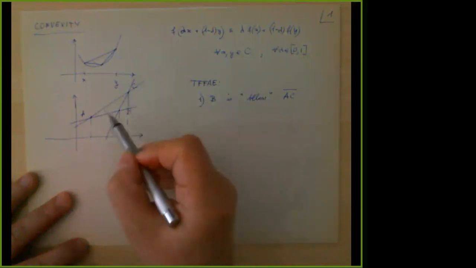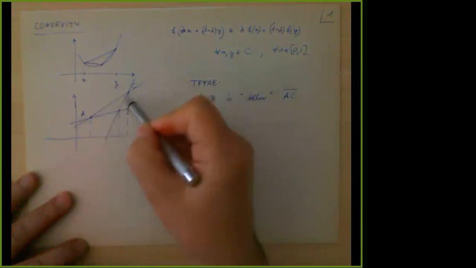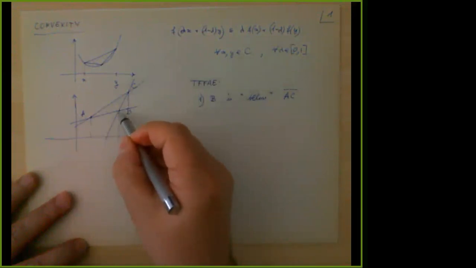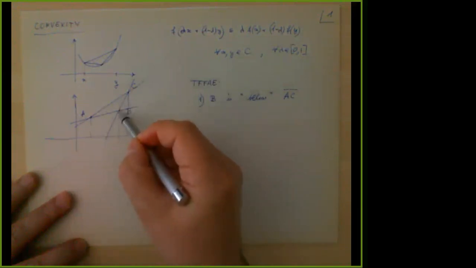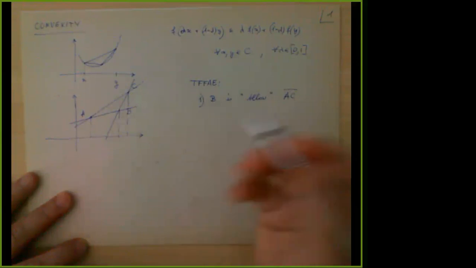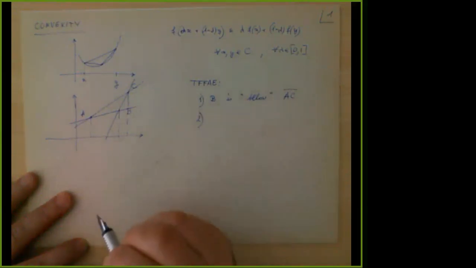So you simply have to give the coordinates of this point, then you write the equation for the straight line, the affine function that passes through A and C, and then you write a suitable inequality between the value of this coordinate and the value of this coordinate. There is no point for me to do this, but it is just to mention that everything can be made precise.